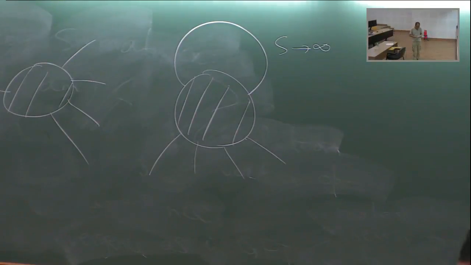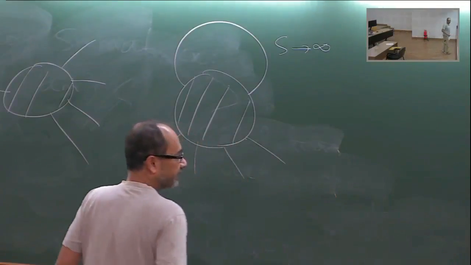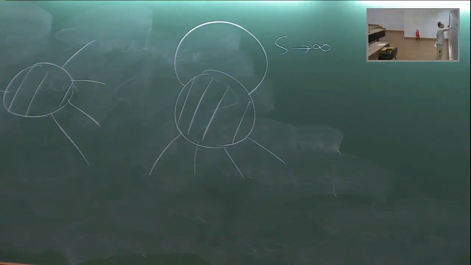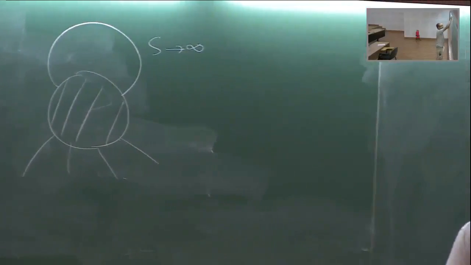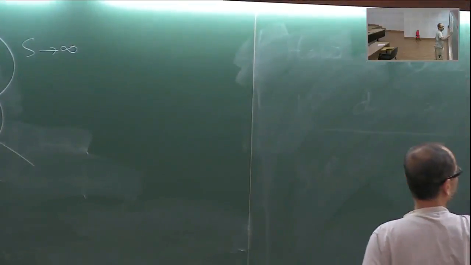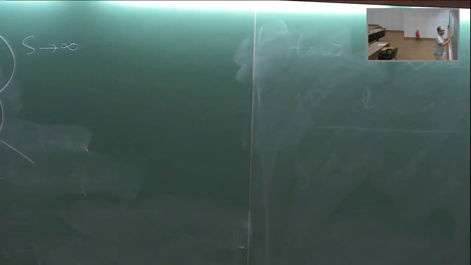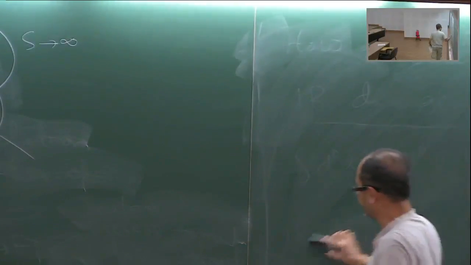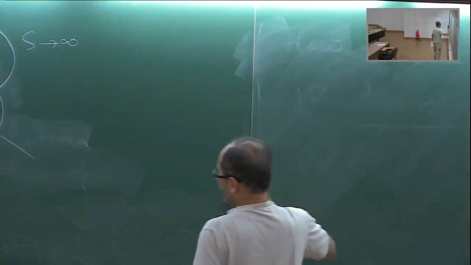Now let's try to see where the divergences can come from. So we again go back to quantum field theory, because as I have already said, infrared divergences in string theory are similar to those which arise in quantum field theories.